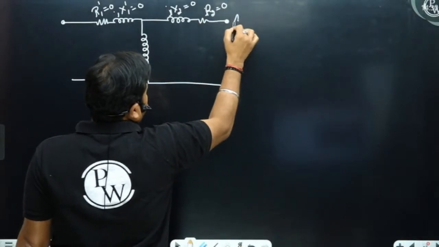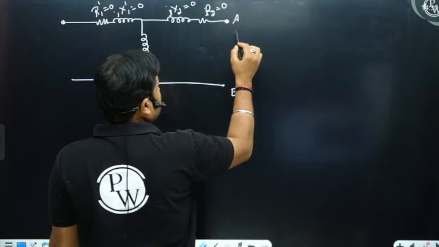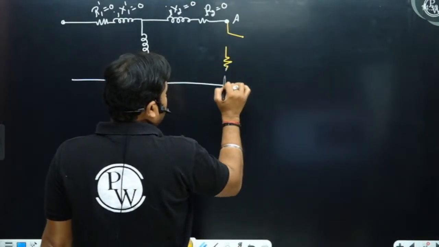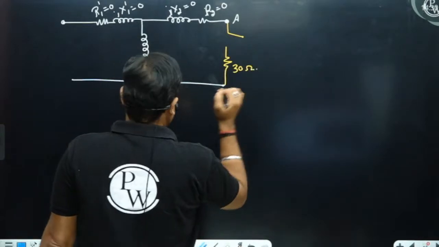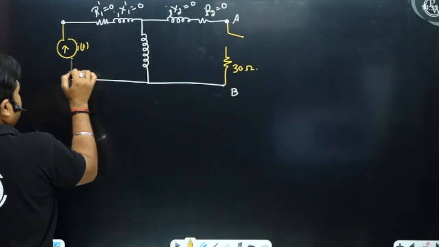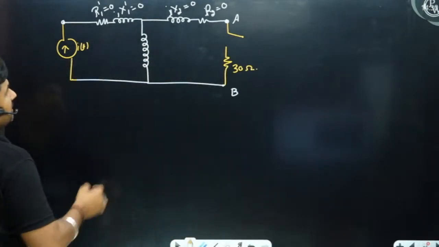You need to find the voltage across AB when the switch S is open circuited. So switch S is open circuited and we have this 30 ohm. Because of 1:1, the same current is being referred on this side.